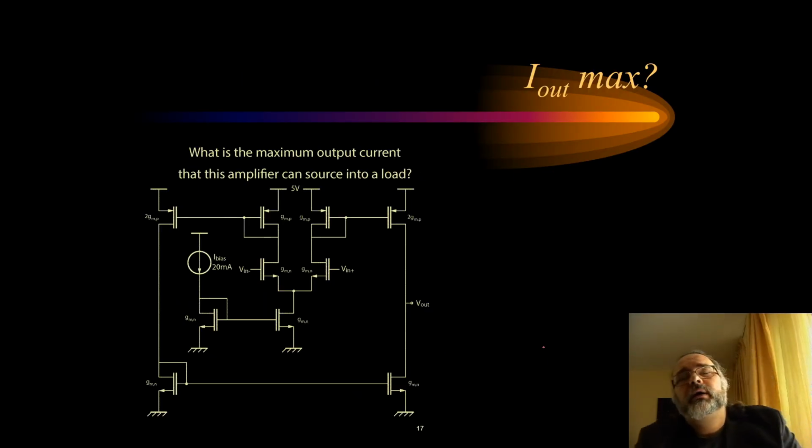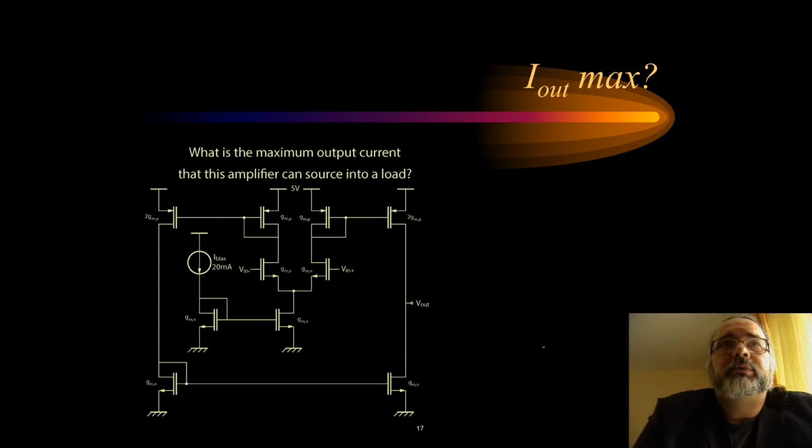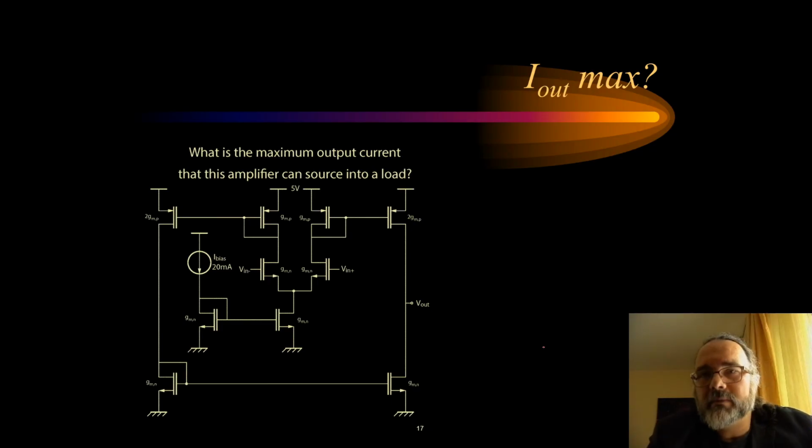Now, what is the maximum output current that this amplifier can source into the load? Let's consider what will be the condition for us to have the maximum output current. We are biasing here with 20 milliamp. If we source all the current in this direction, we remove the current here, so there should be no current here.